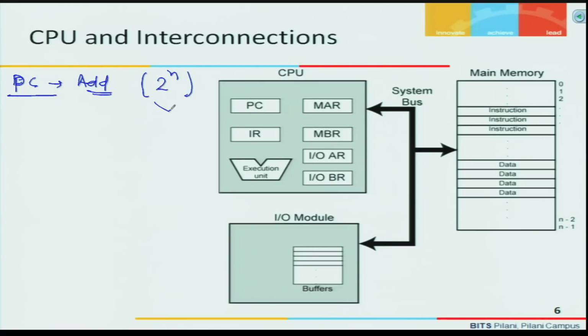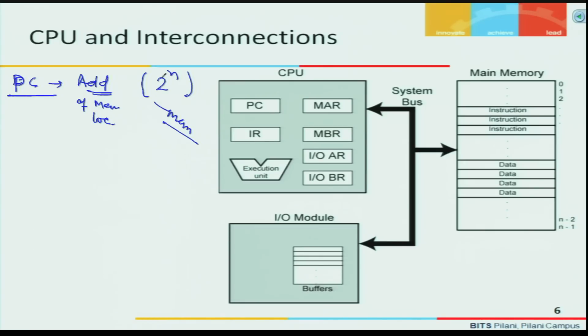I want to know the size of the PC, the program counter. I also know that PC contains the address of some memory location, because my instructions are stored in the memory, and the memory has 2 raised to the power n total locations. So what is the size of the PC?